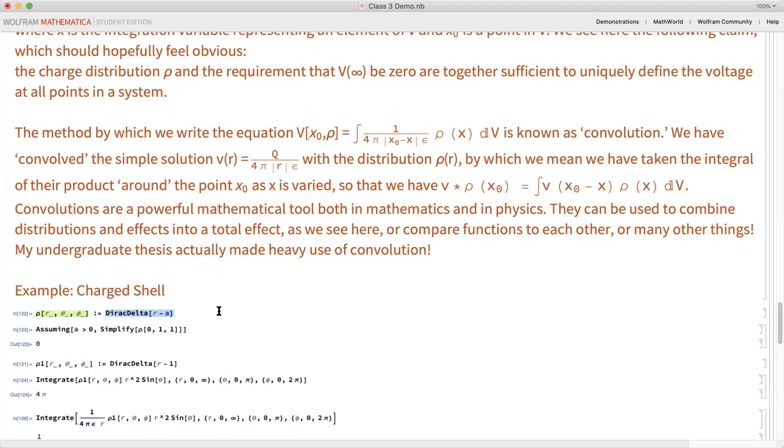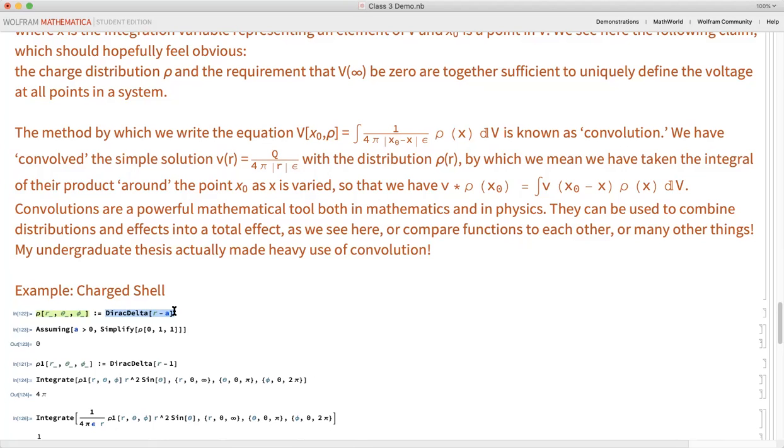That's basically saying the charge is 0 everywhere except on a spherical shell of radius a. But there is still charge. The Dirac delta means that rho is distributed over that 2-dimensional surface instead of the 3D space.